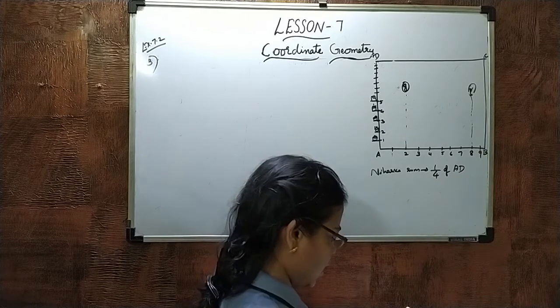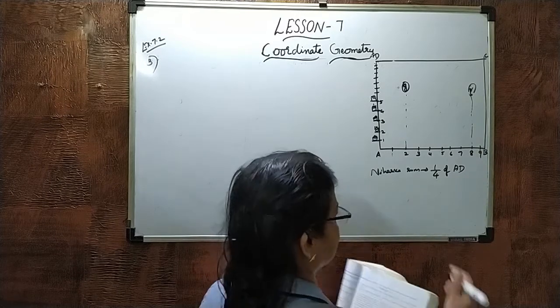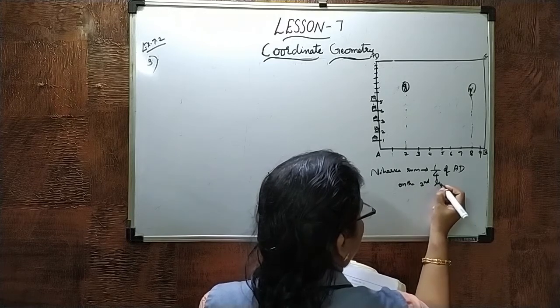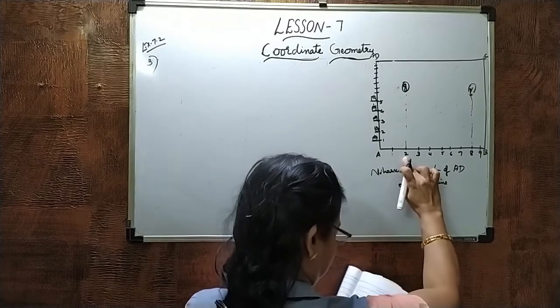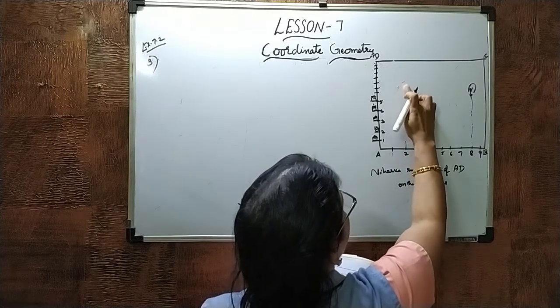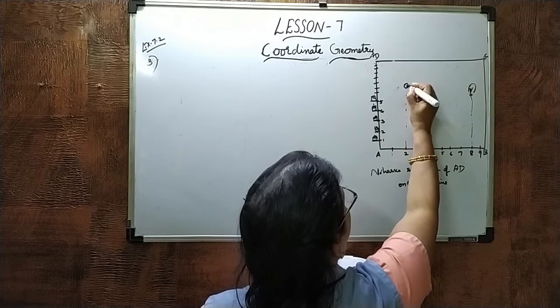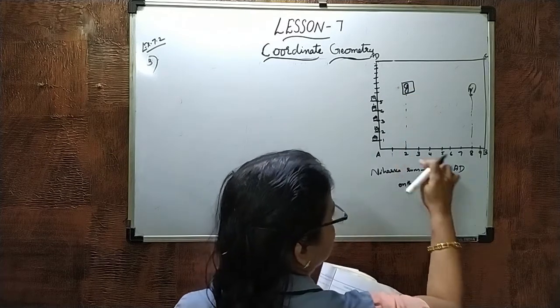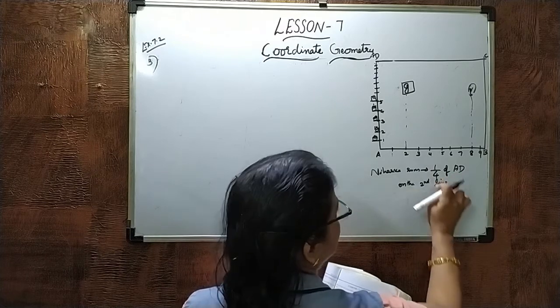And on the second line, that means here. And then she posts a green flag here. So Niharika has gone 1/4 of AD, on the second line.